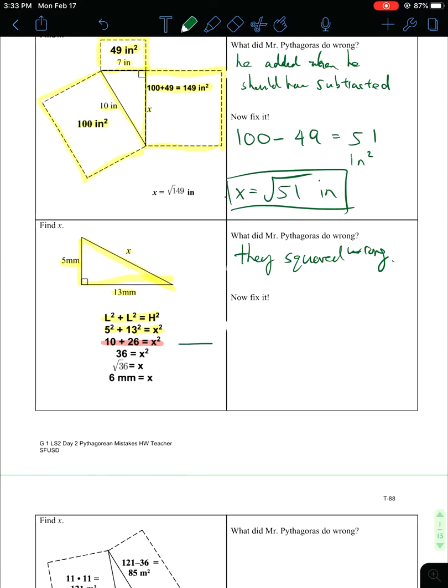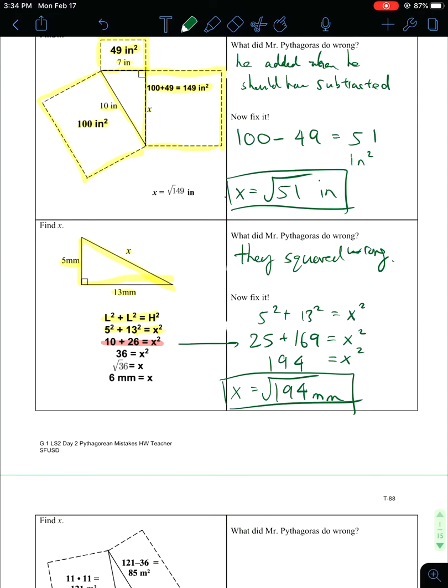So right here, we'll pick up 5 squared plus 13 squared equals x squared. 5 squared is 25, 13 squared is 169, that equals x squared. So we know that the area, x squared, is 194. Don't forget the square root, to get the side length, square root of 194 millimeters. That's our answer for the second problem.